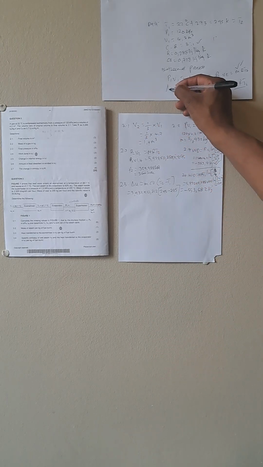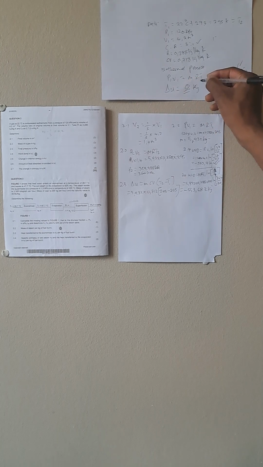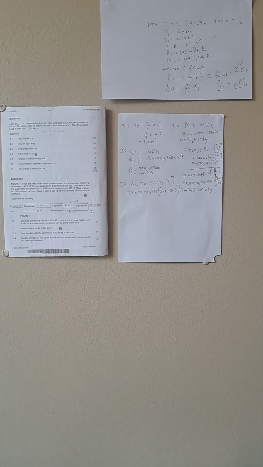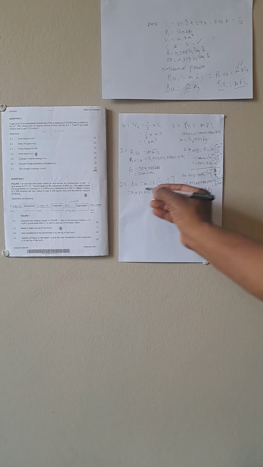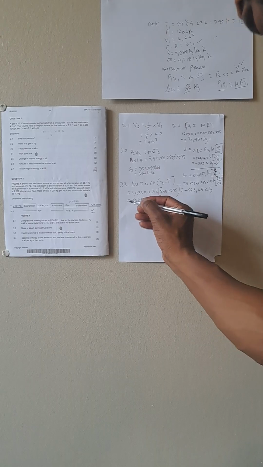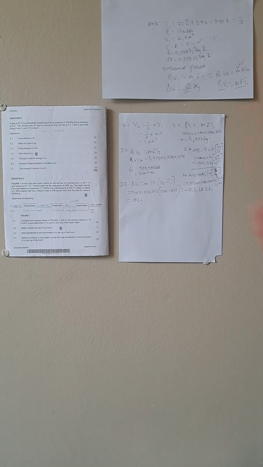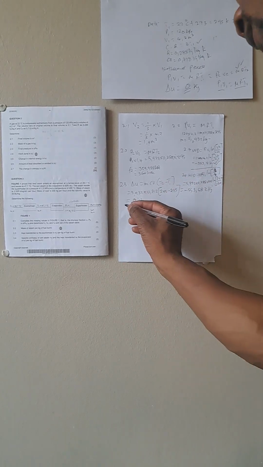You must always remember change in internal energy, if it's an isothermal process, is always equal to 0, the reason being the temperatures are constant. So we don't need to punch this. Our answer becomes 0 kilojoules. Maybe they just want to see you showing some steps, but still it will give us a 0.